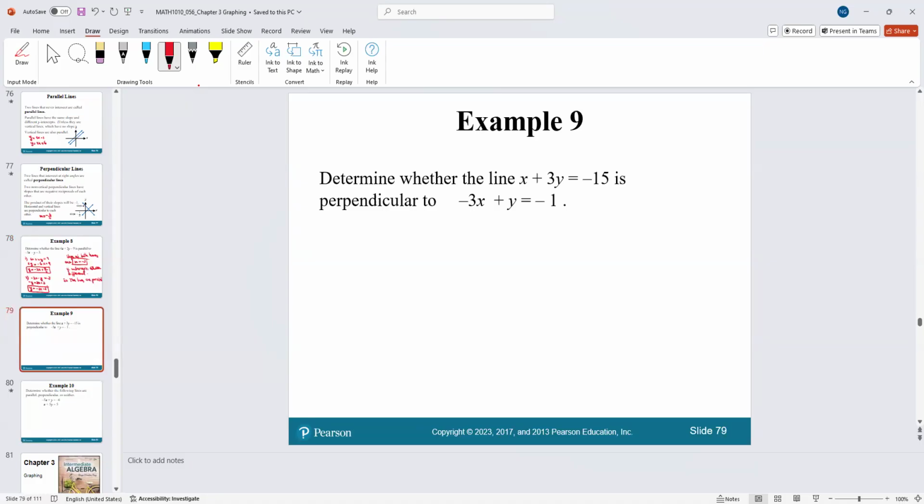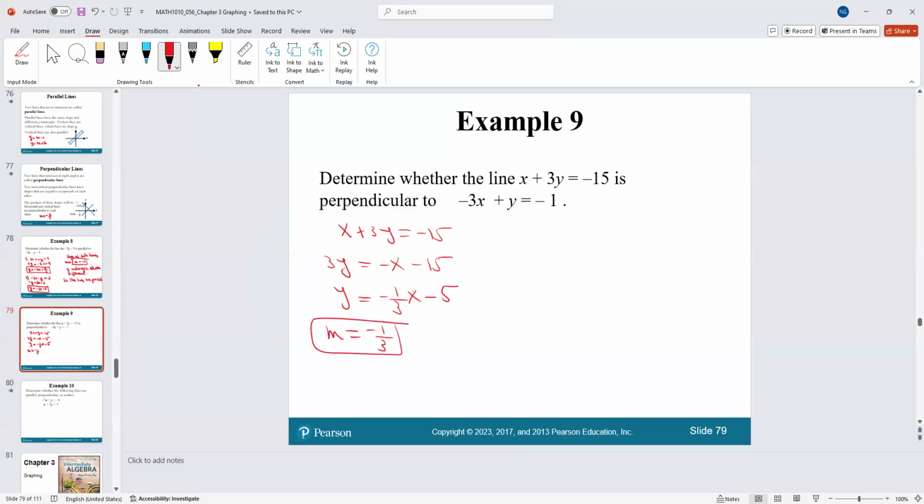So if you take the first one, x plus 3y equals negative 15, 3y equals negative x minus 15, y equals negative 1/3 x minus 15 over 3, which is 5. So the slope m is negative 1/3.